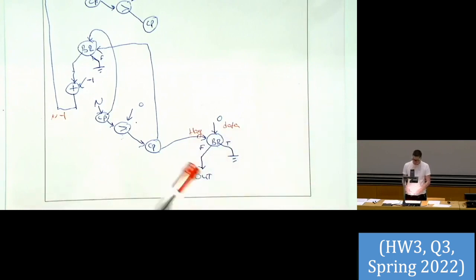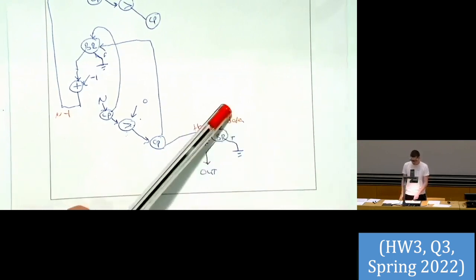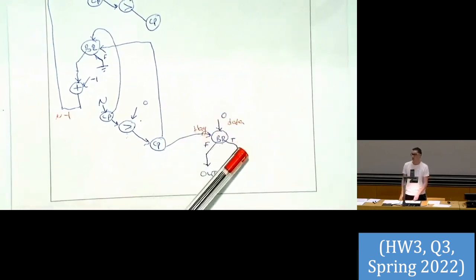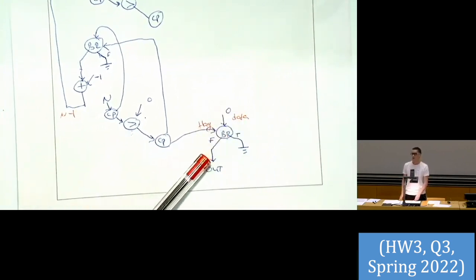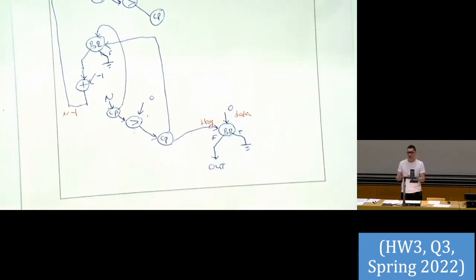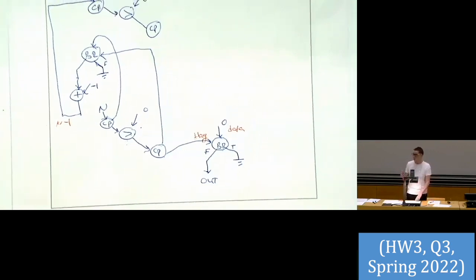So if flag is true, the data goes to the true path. If flag is false, data goes to the false path. So the token is generated only on one of the output paths in the branch node. Is it clear? Okay.